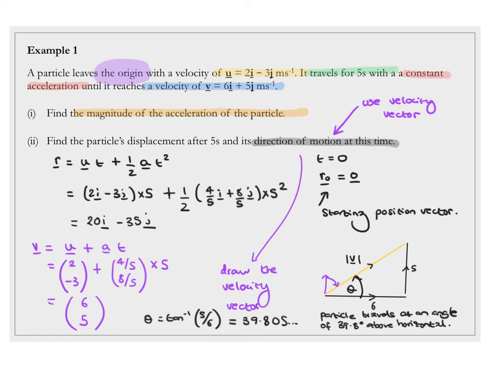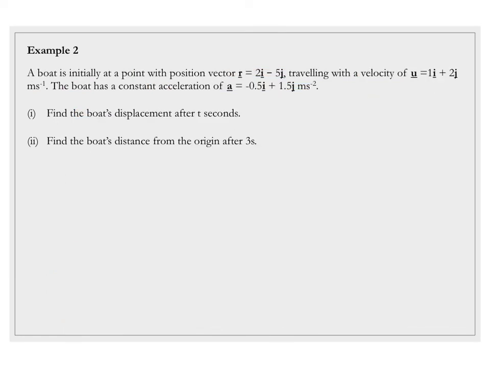line. So, second example: a boat is initially at a point with position vector given here. Now that's really important information. That tells us when t equals 0, the position is equal to r0, which is equal to the vector 2i minus 5j, or as a column, which I tend to find preferable, (2, -5).